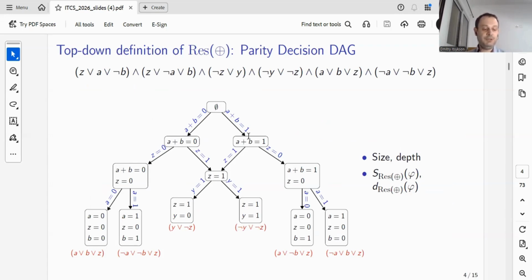The local condition is the same: if there is an edge between two nodes, then the linear system on the first node plus the linear equation on the edge implies the linear system on the second node. For every sink, the linear system within it contradicts some clause of the refuted formula. Size and depth are defined in a similar way as for resolution.